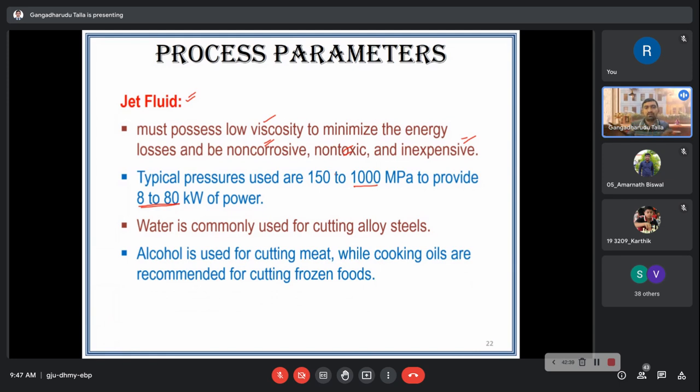Generally in normal hotels and restaurants they will cut with a knife, but here using CNC water jet machines you can cut these foods in different shapes. So alcohol can be used for cutting meat. Cooking oils are recommended for cutting frozen foods, so they can be part of your main dish.